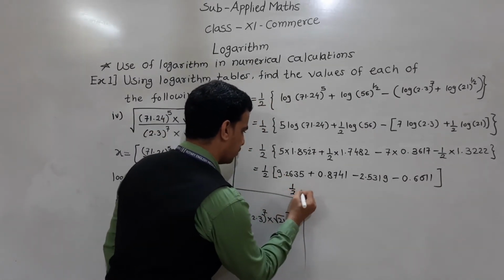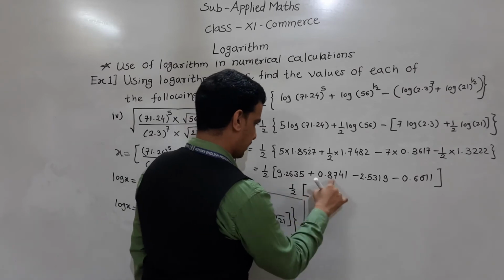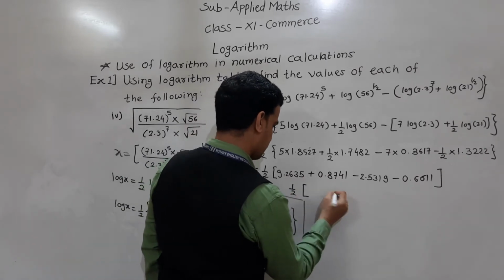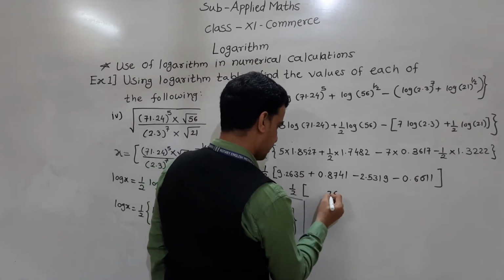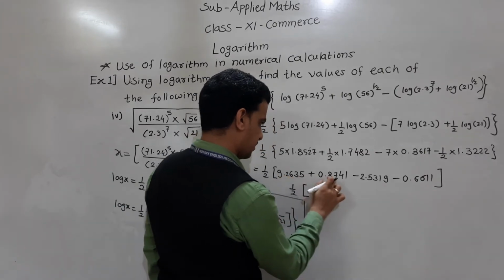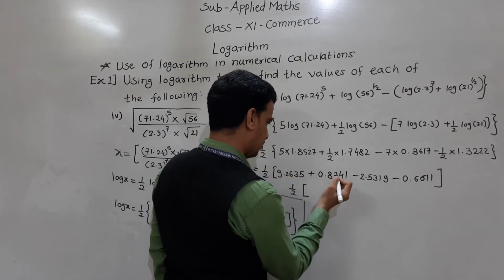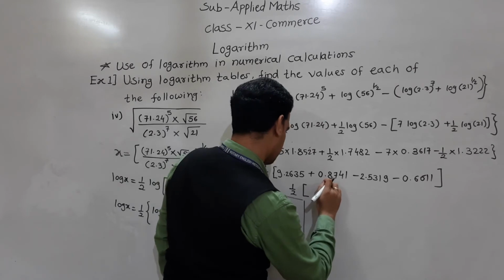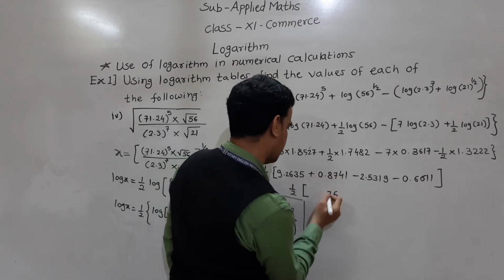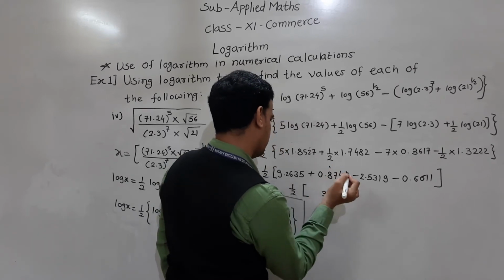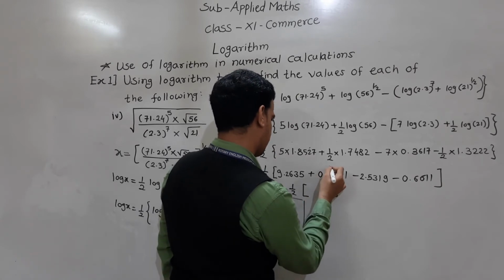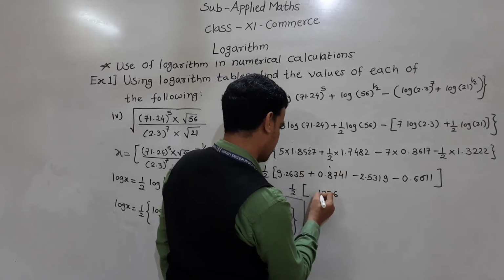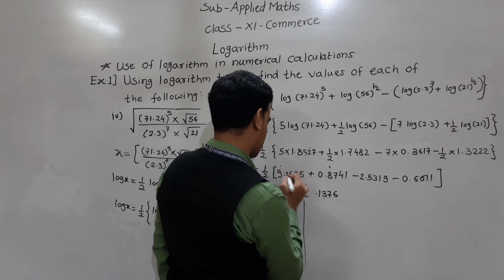So half into, if we add this, 5 plus 1 is 6, 3 plus 4 7, sorry, 6 plus 7 13, 1, 8 plus 1 is 9 plus 2 11, 9 plus 1 is 10.